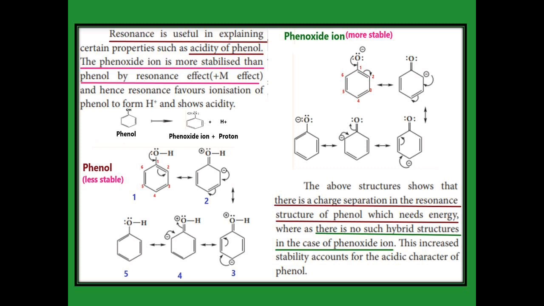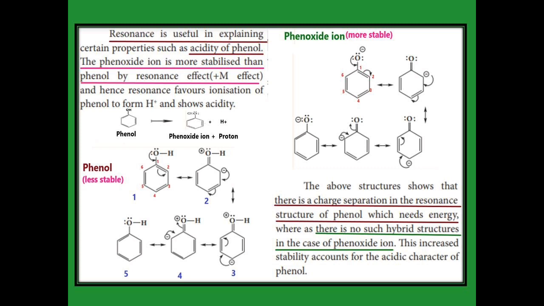That negative now goes to the single bond between the second and third carbon, and the double bond between the third and fourth carbon goes to the fourth carbon. So the fourth carbon has negative character, and the second and third carbon now contain the double bond.